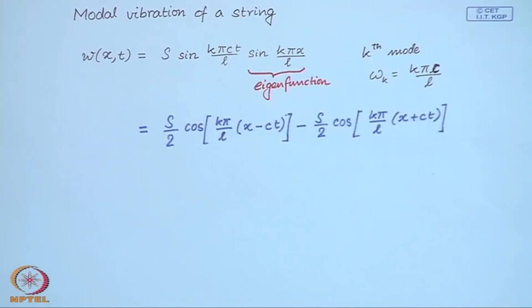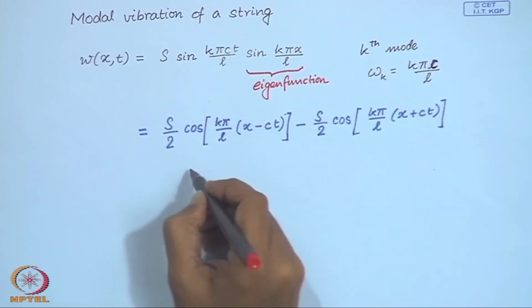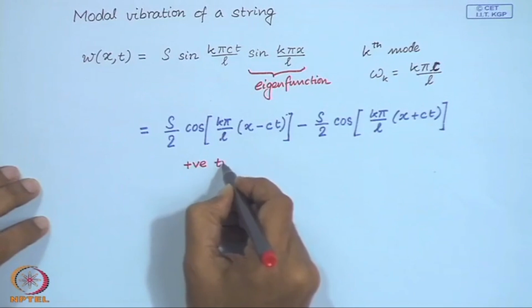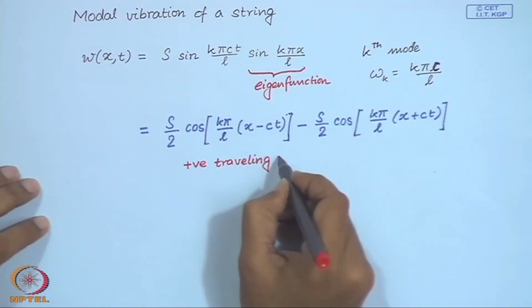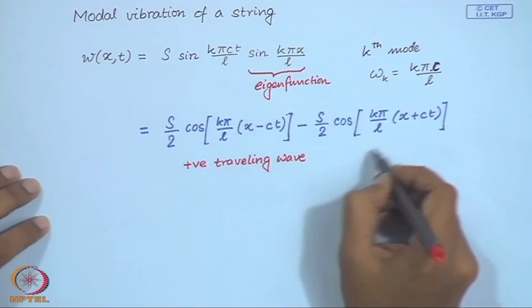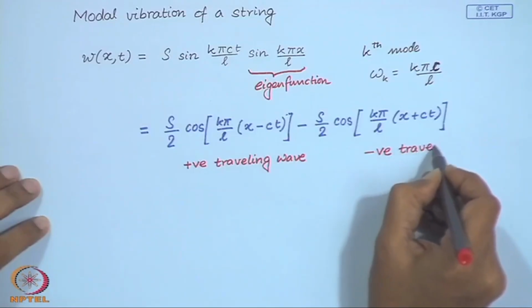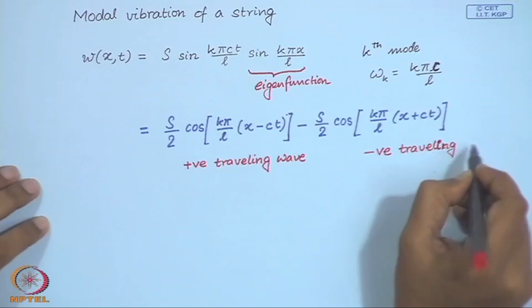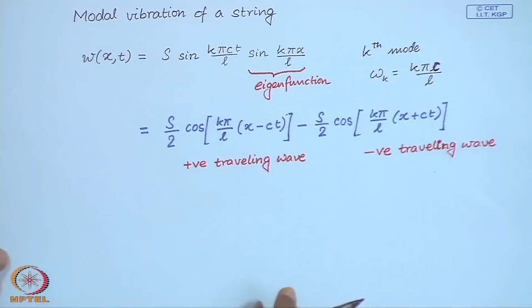Now, here immediately we can recognize that this is the positive travelling wave and this is the negative travelling wave.